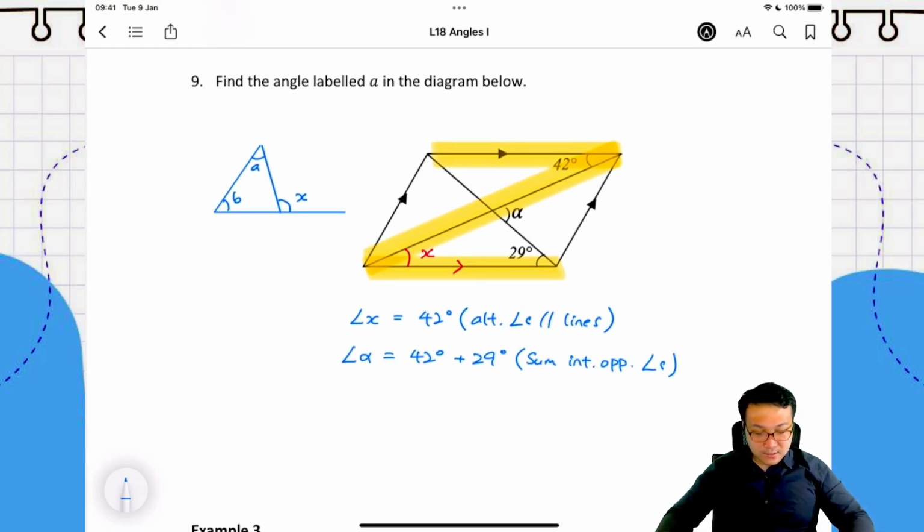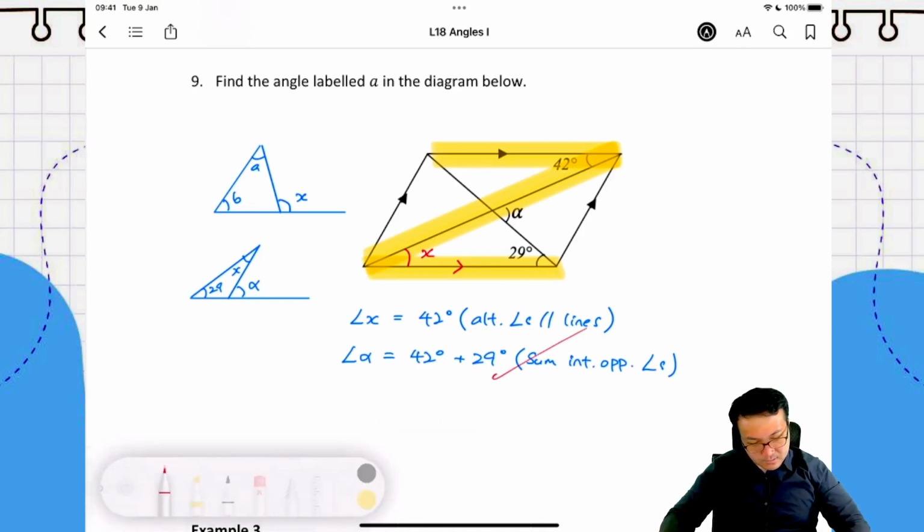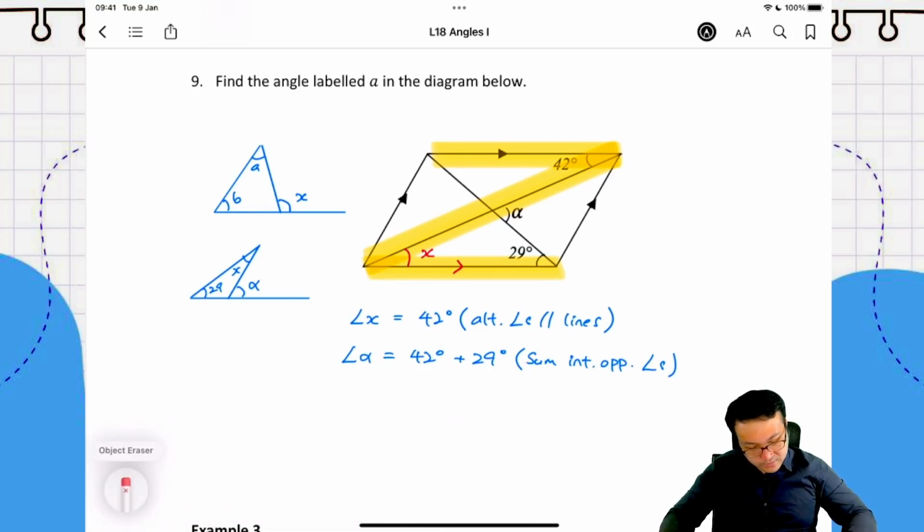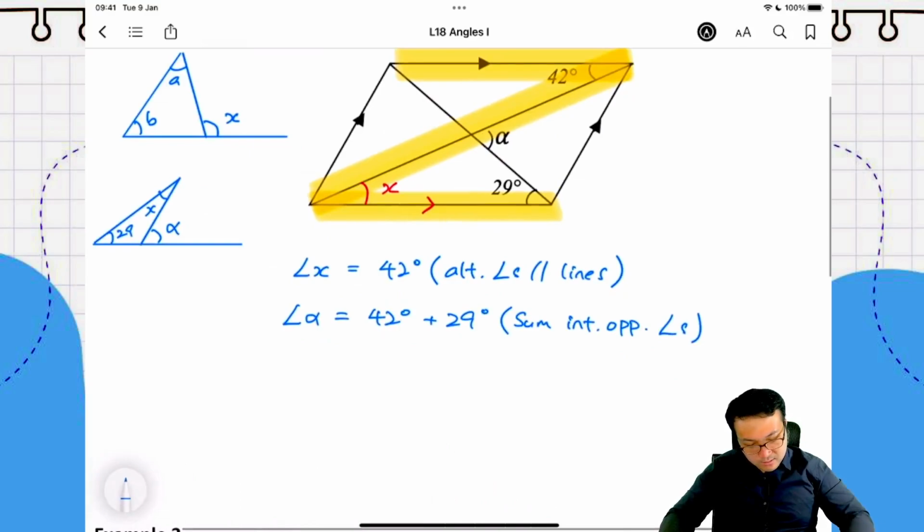It doesn't matter if the triangle is drawn differently, because I always draw it like that, but actually in this case it looks more slanted. It's still the same rule. There we go. Oh, sorry, I haven't even written down the answer. There you go.